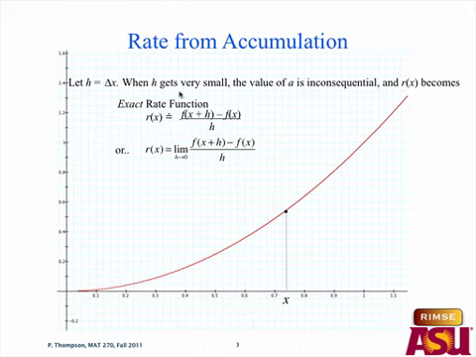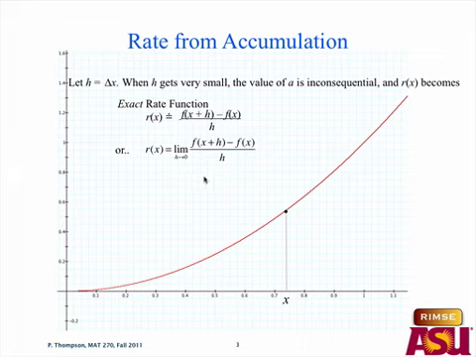Of, and we also said that as h gets very small, the value of a is inconsequential, and so rather than left x, with such small intervals, the difference between just x and left x becomes nothing. It's really the same thing for very, very small intervals. So what is this? Is this accumulation from rate or rate from accumulation?